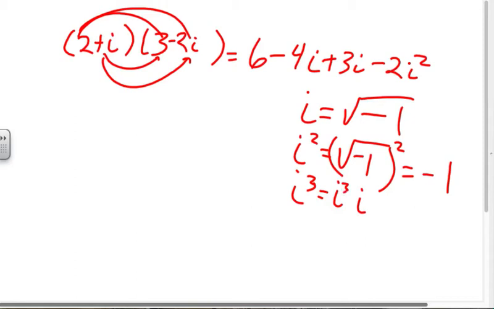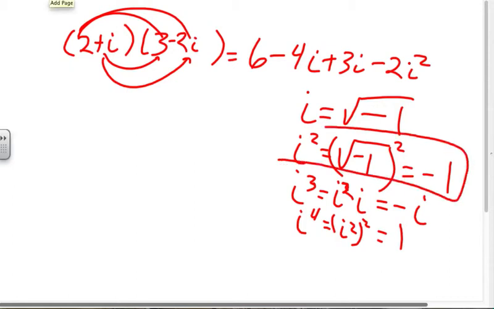We know i squared is negative 1, so that would be a negative i. And i to the fourth would be i squared squared, which would be 1. The one we're interested in is this one right here. i squared is a negative 1. So whenever you see an i squared, you substitute in a negative 1.